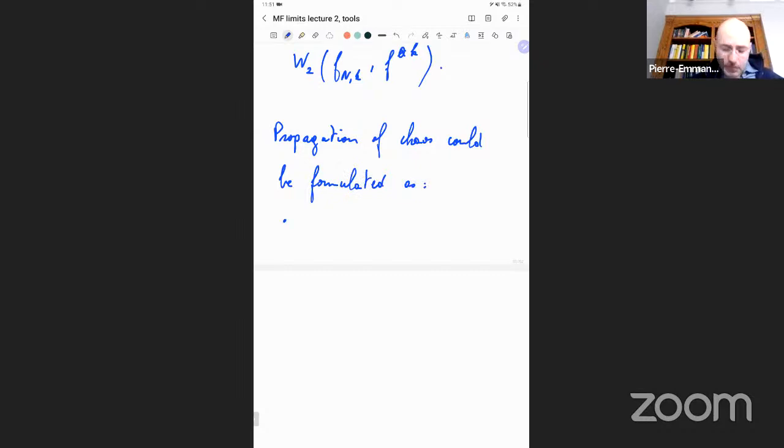If I want to have limits for any fixed k, Fnk converges in some topology to a tensorized version.